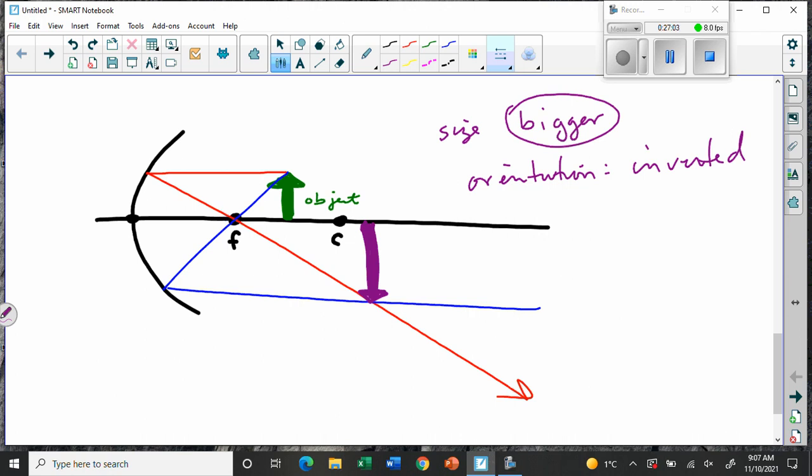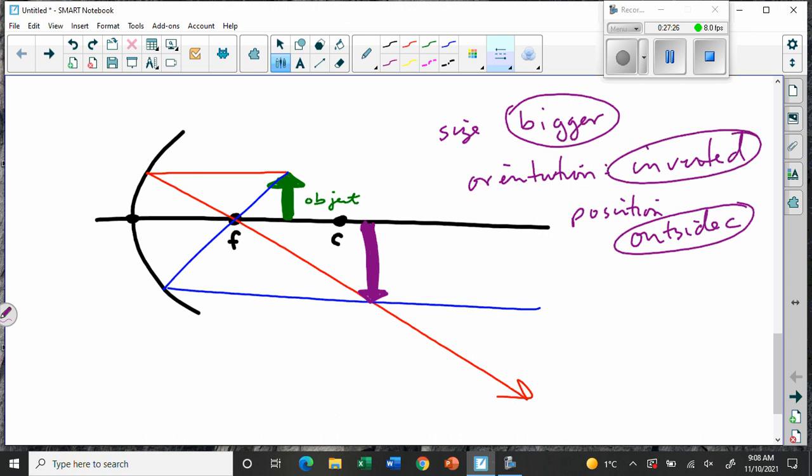And the position is now between. Nope, sorry, it's outside, not between. Outside of C. Outside C. And the last thing, of course, is the type, and it's still a real image.